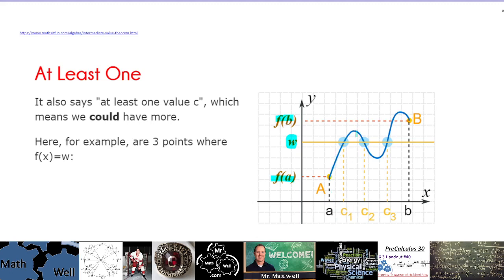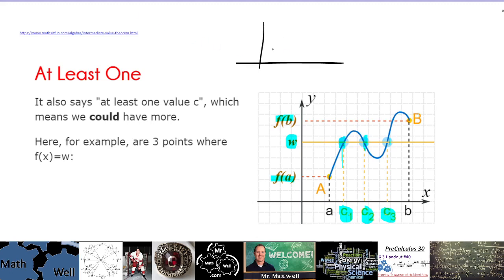Notice that this f of x is still a function. It does not violate the vertical line test, right? But here we have one c, two c's, three c's that have this same value. So there could be more than one point. It has to be at least one.